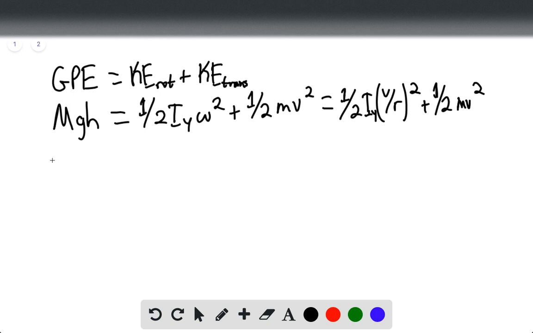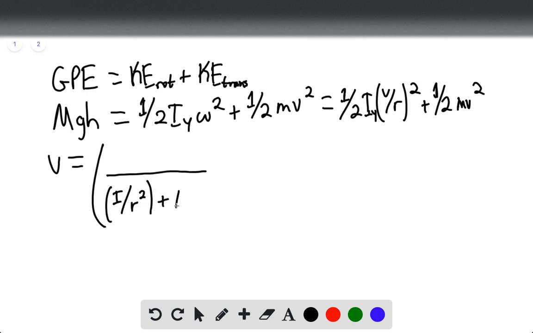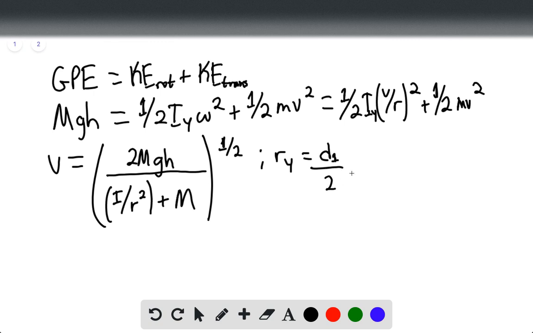So v would equal I over R squared plus the mass of the yo-yo, and as a numerator, 2 times the mass of the yo-yo times the acceleration due to gravity times height, all to the 1/2 power. And again, R here is the radius of the yo-yo, and this is simply going to be d1 divided by 2, rather d2.